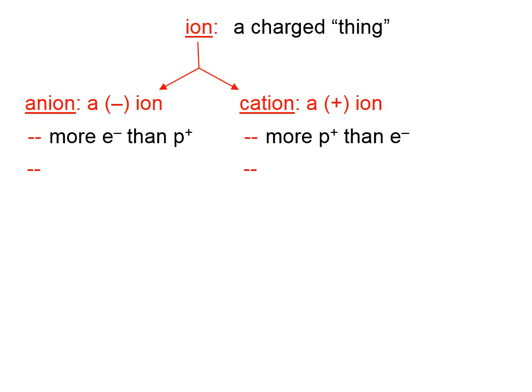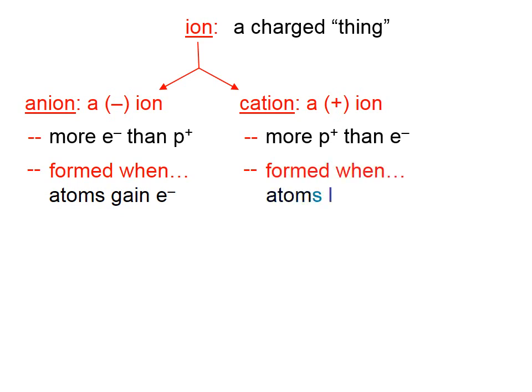An anion is formed, in other words, it acquires a state of having more electrons than protons by gaining electrons. A cation ends up with more protons than electrons by giving away or losing electrons.